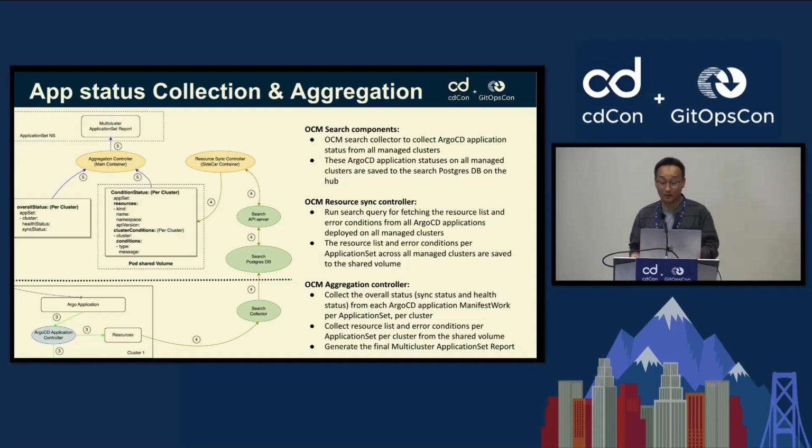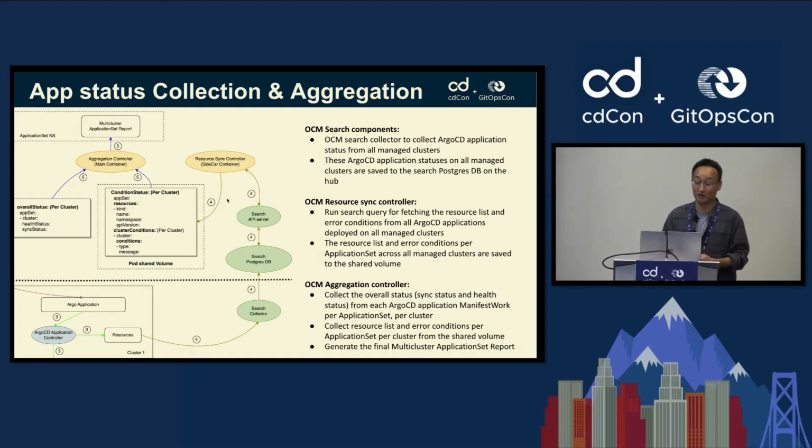Then we just need to fetch the overall status and the per cluster condition status from the managed clusters by fetching the status from the manifest work status directly. If that is ready, then we will probably drop all of this search components dependency in future releases. That will provide us more efficiency.